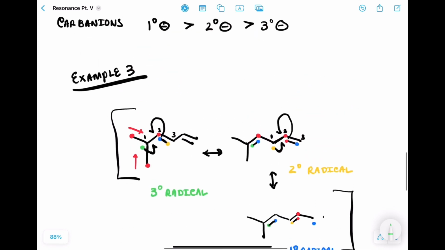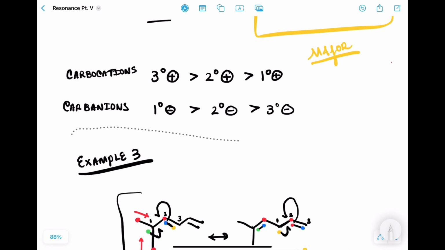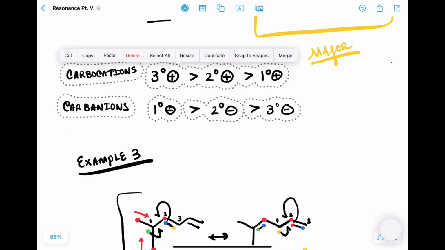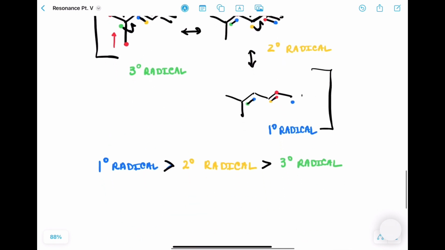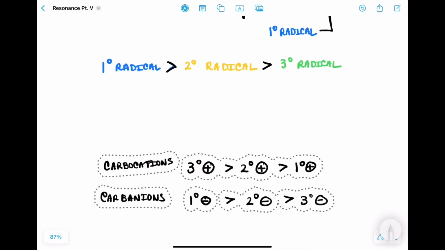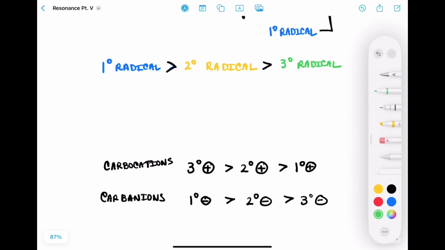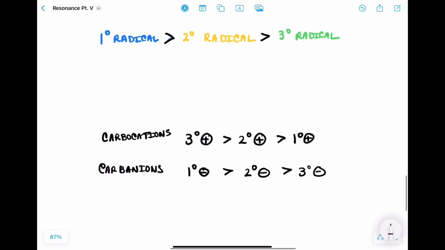And so let's go ahead and copy this over and make one final comparison. Go ahead and move down here. And so I'll go ahead and finally draw radicals.